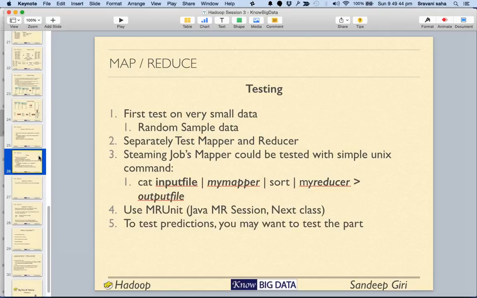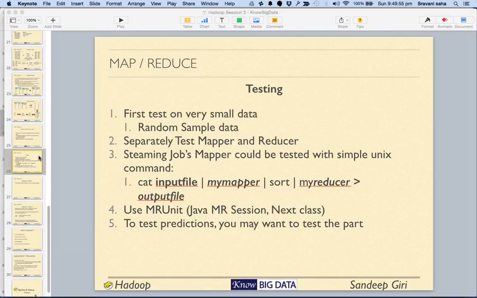I'm not advocating code quality or anything here. I'm talking mostly from a developer's perspective, because developers' lives become extremely frustrating if they write a lot of code and then try to run it.